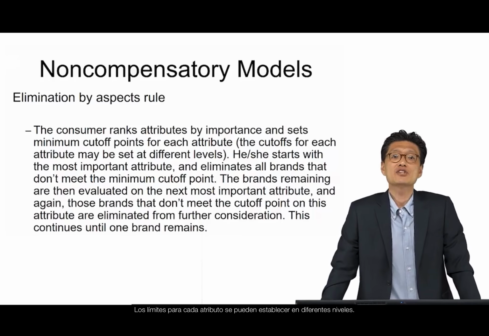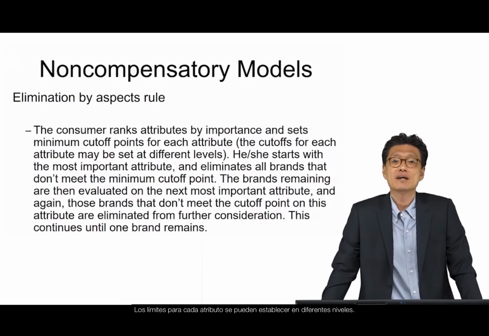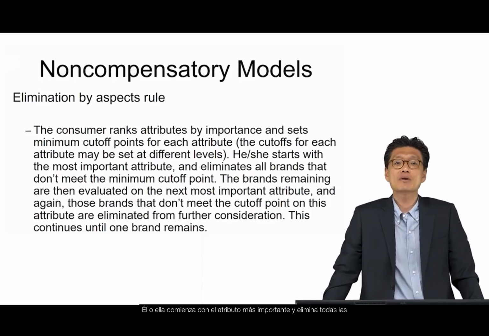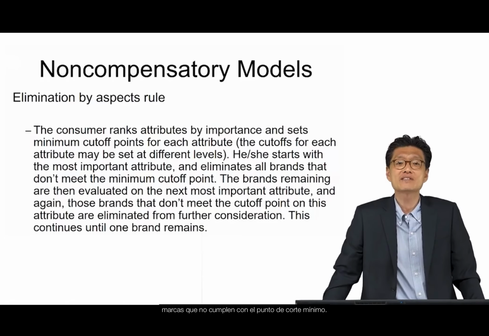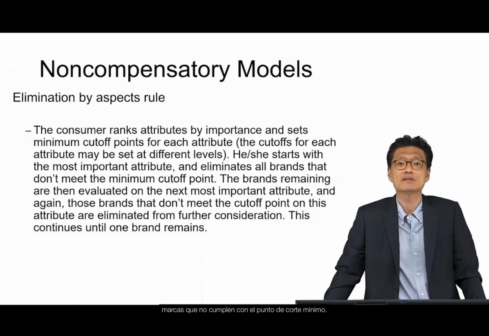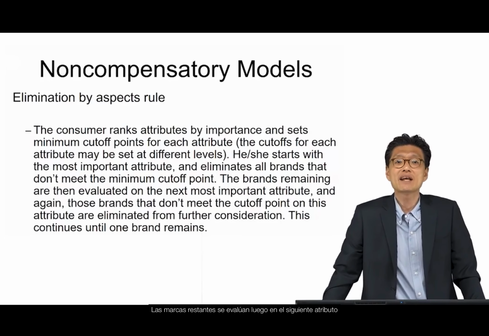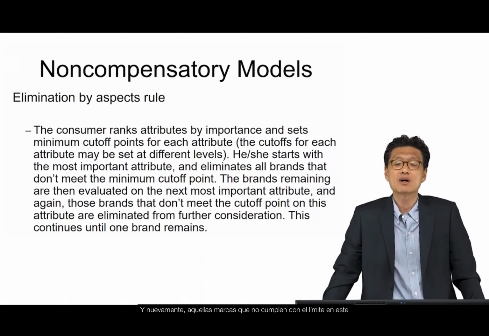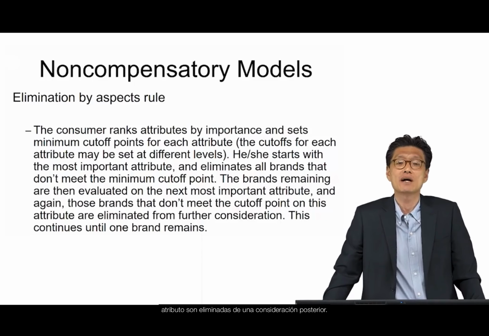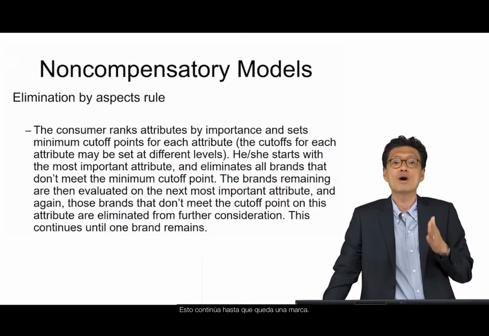The cutoffs for each attribute may be set at different levels. He or she starts with the most important attribute and eliminates all brands that don't meet the minimum cutoff point. The brands remaining are then evaluated on the next most important attribute. And again, those brands that don't meet the cutoff on this attribute are eliminated from further consideration. This continues until one brand remains.